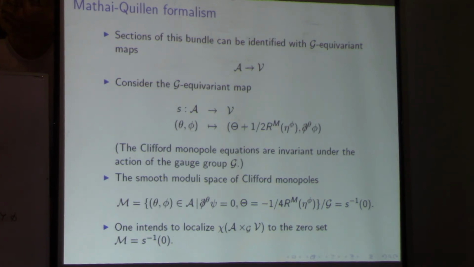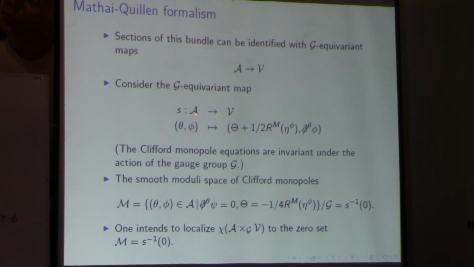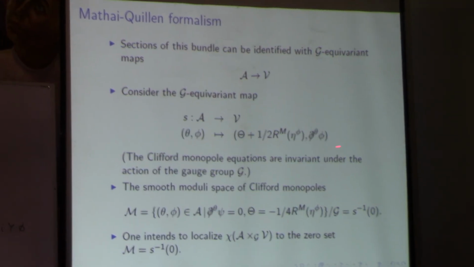To compute invariants, we have a section identified as a G-equivariant map from the principal bundle to the vector space. We have a canonical section in a way.